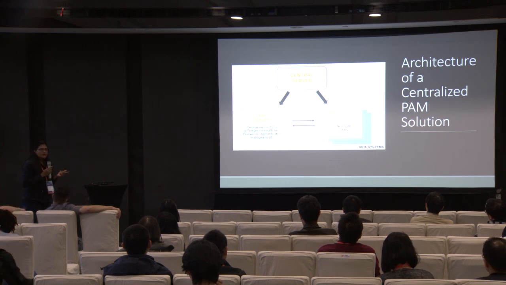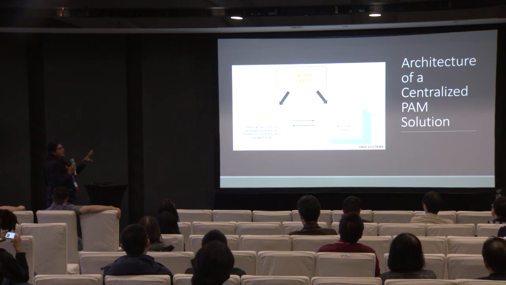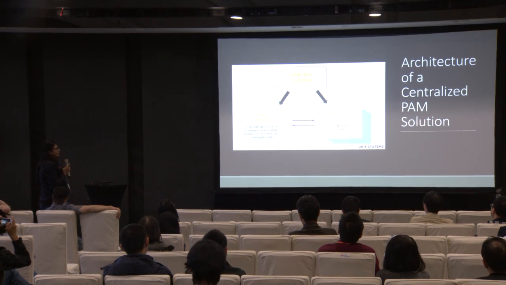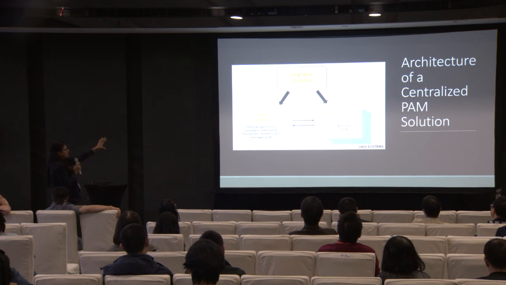The solution that we used is called Centrify. I'm not sure how many of you have heard of Centrify, but this is at a high level what would be the case if you look at the architecture. Typically you have the sudo utility inside the Linux system, you have your users and groups there, but in this case you have a central server and a separate LDAP server, and the central server is what controls everything.